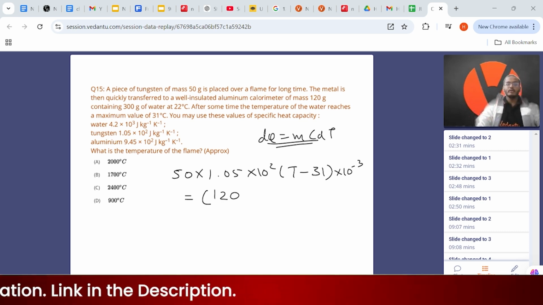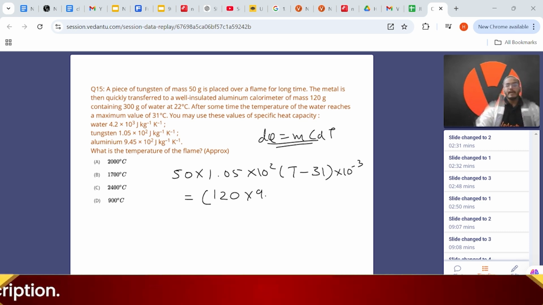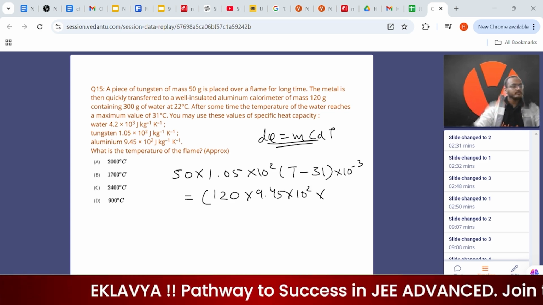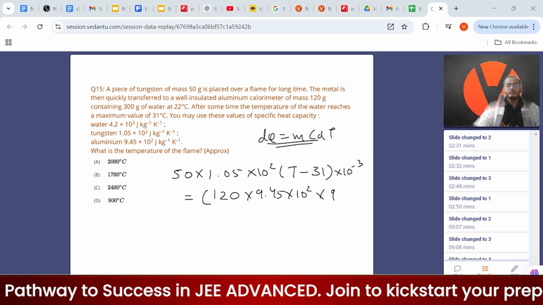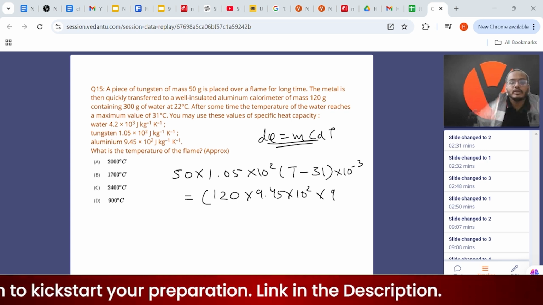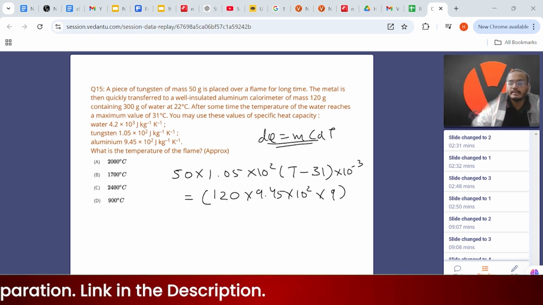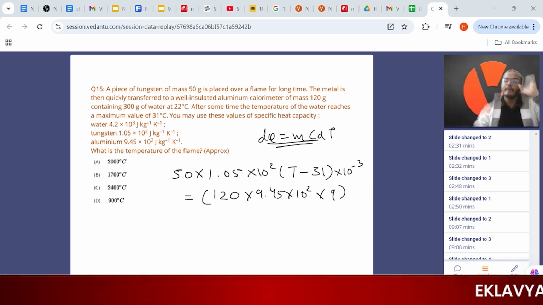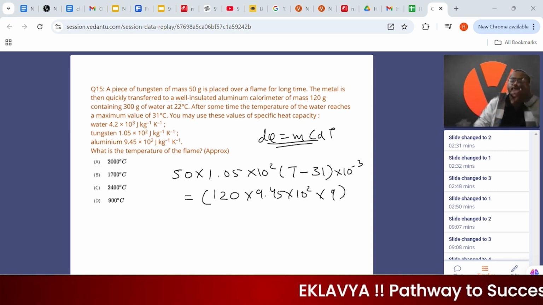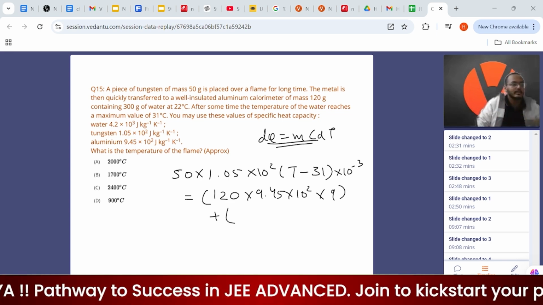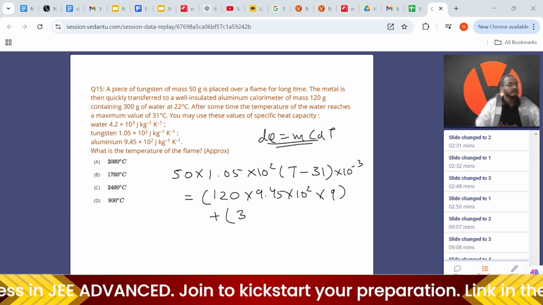Okay, so 120 multiply by 9.45 into 10 square into 9. Why 9? Because its temperature is given and 22 minus 31 is 9 degrees Celsius. Okay. We can convert it in Kelvin also, but the temperature difference in Celsius and Kelvin is always the same. That's why we do not use Fahrenheit, because it has a different scale. Again.